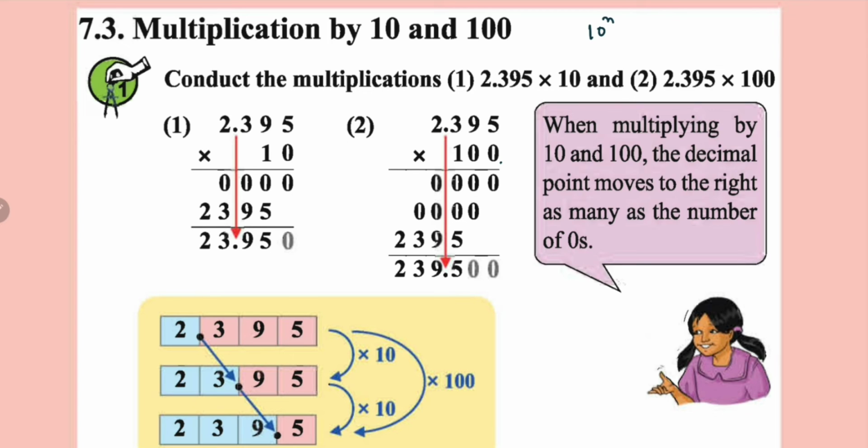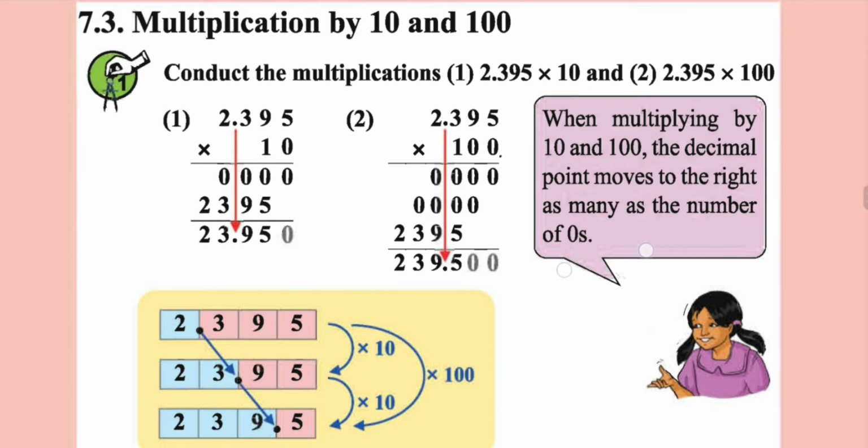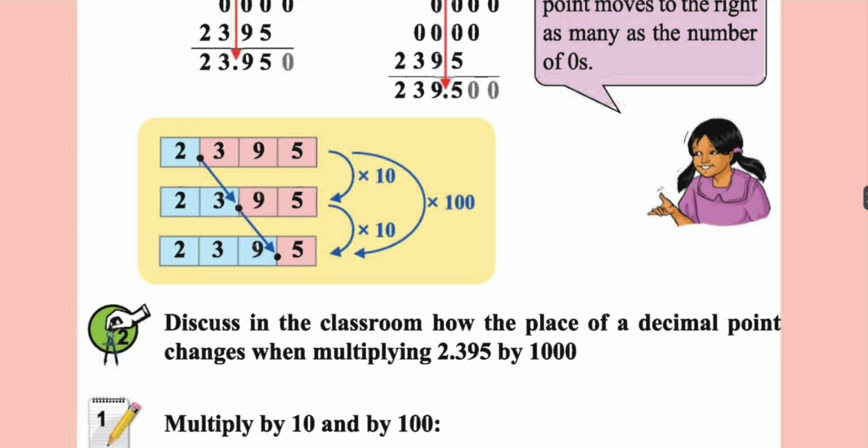If you multiply a number with 10 power n, the decimal point shifts towards the right by n digits, since the number of zeros is n. So the shifting of the decimal point depends upon the number of zeros when you multiply it with 10, 100 or 1000.